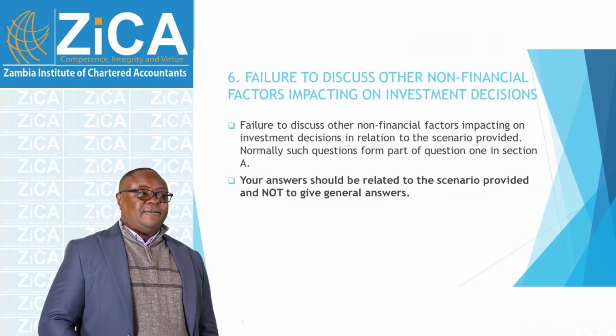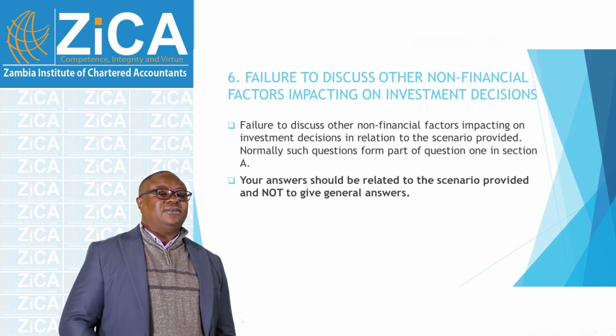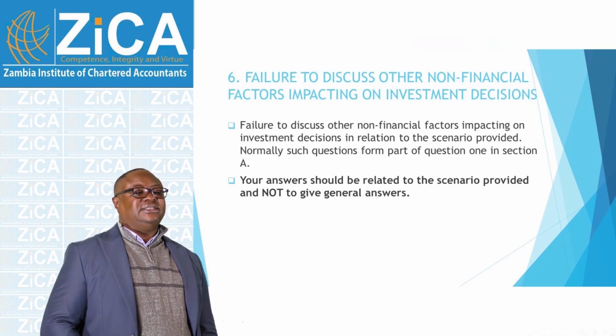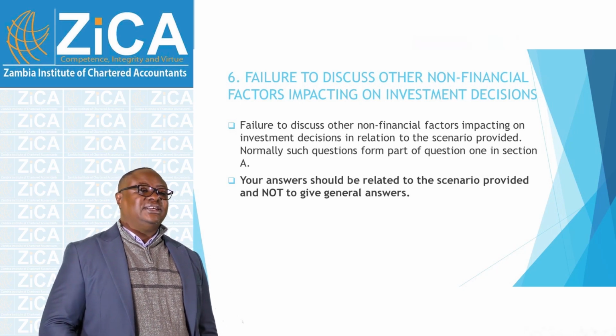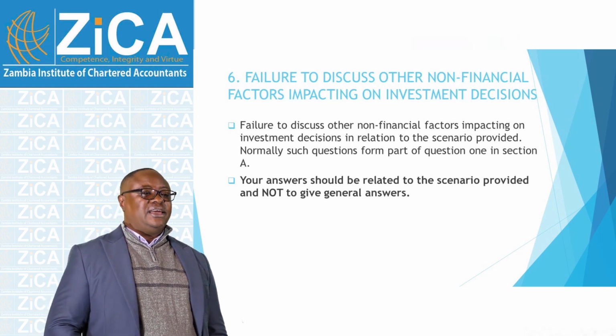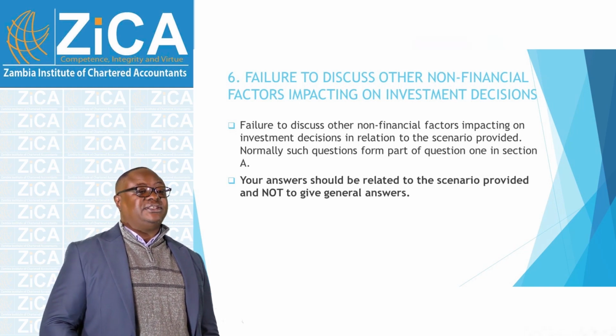Number 6 is failure to discuss other non-financial factors impacting on investment decision. Now, these are some of the areas that students neglect. Students are always seen to be doing calculations only, but it's important that you know that there are also discursive questions.